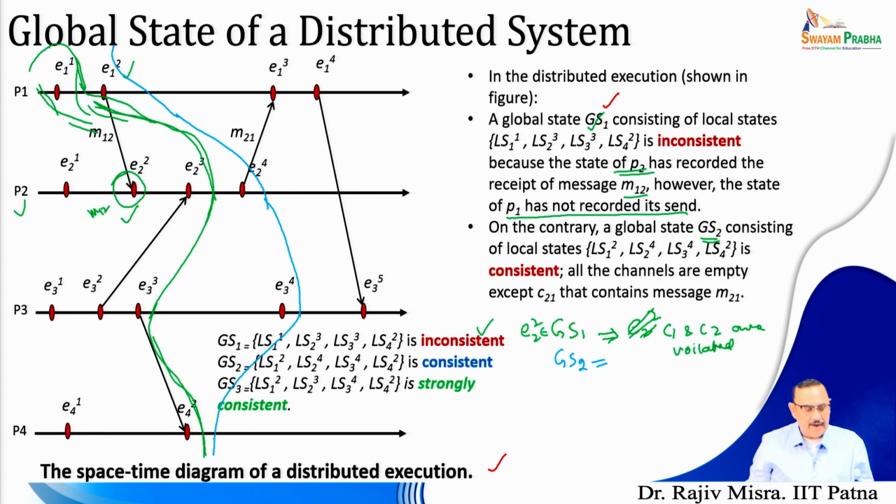So, here you can see that the send is recorded, but the receive is not recorded. So, it satisfies both C1 and C2. So, it is a consistent global state. And that is what is shown over here.